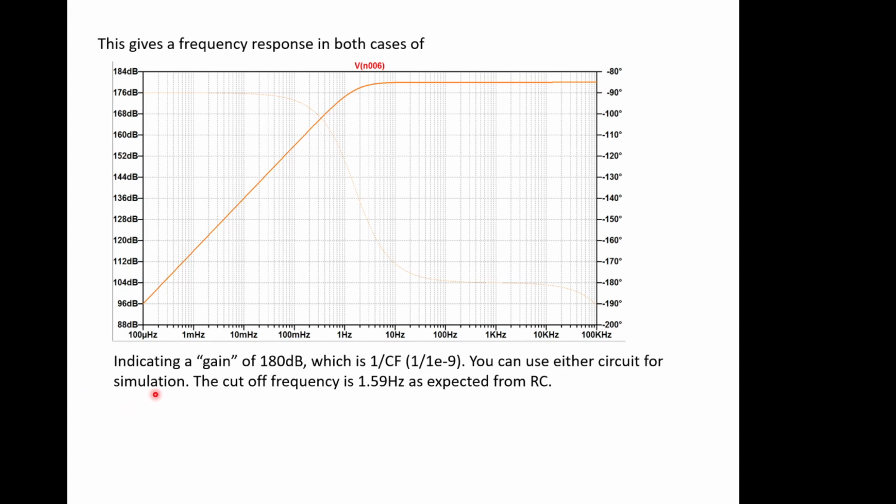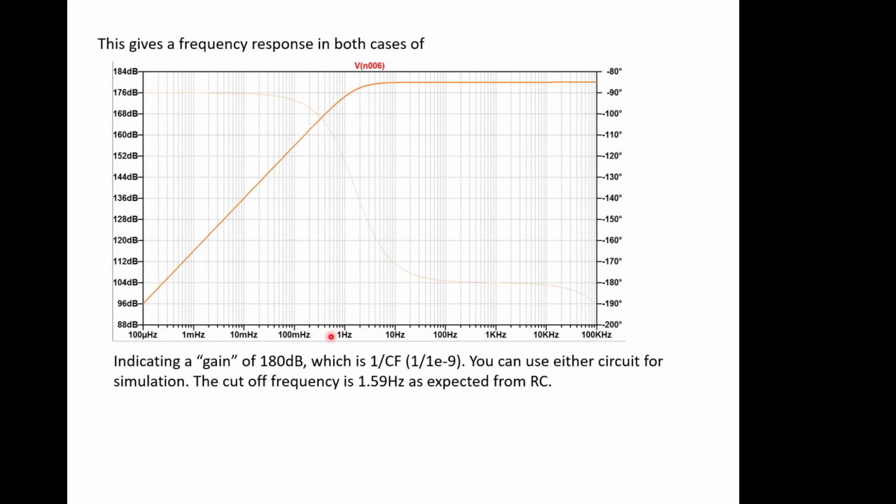But this allows you to simulate this charge amplifier with standard voltage and current sources. That's the whole point of this exercise, so that we actually see what's going on. And then we simulate it, and we can see that we're getting this kind of response, which is what we expected. So a low frequency cutoff.